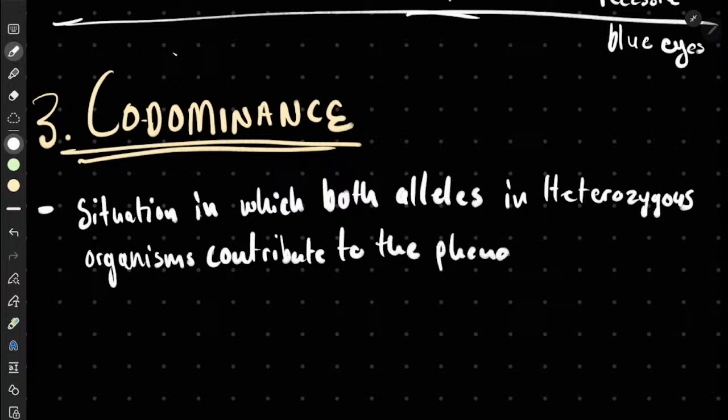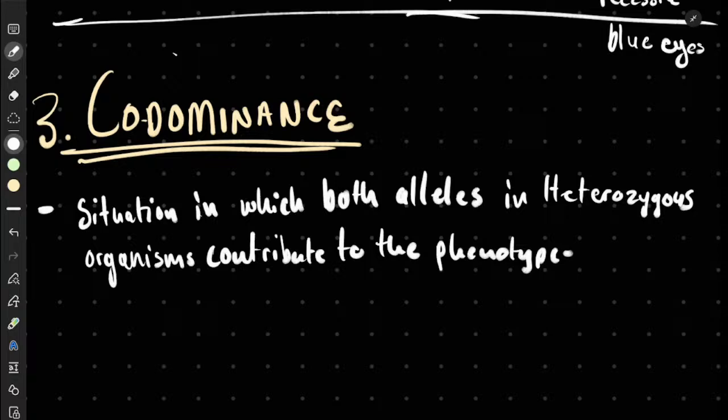Phenotype is what we see. So when we have a black and white parent, we get somebody who's in between. Both are expressed at the same time. So that's codominance, yes. What situation should you know for IGCSE that is an example of codominance?